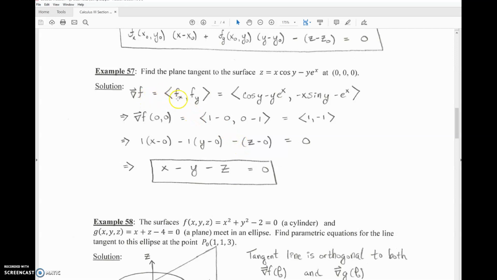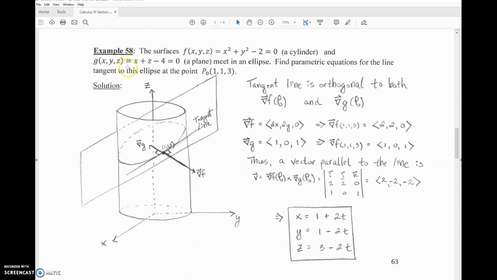So f sub x is cosine y minus y e to the x, and the partial of f with respect to y is minus x sine y minus e to the x. Evaluating that at 0, 0, I get 1 and minus 1. So that means it's 1 times x minus 0, minus 1 times y minus 0, minus 1, which will always be the case, times z minus 0 equals 0. So that's just x minus y minus z equals 0.